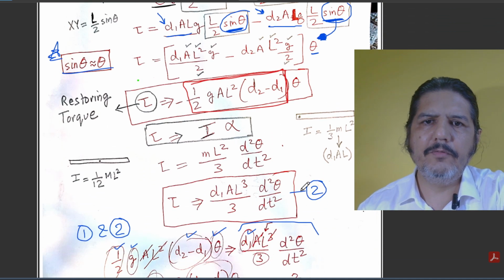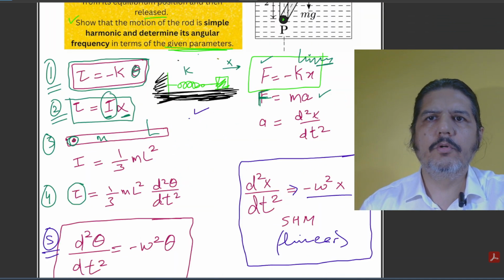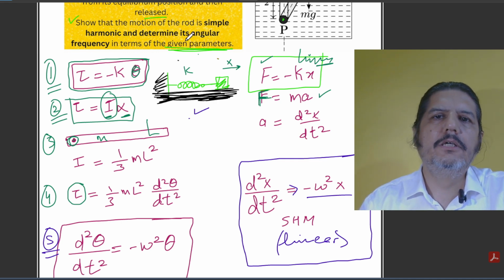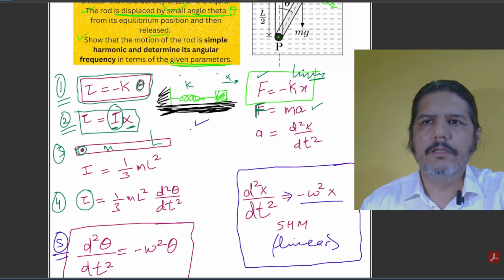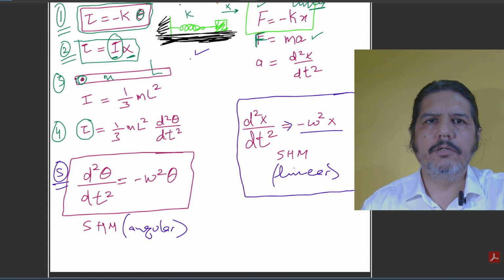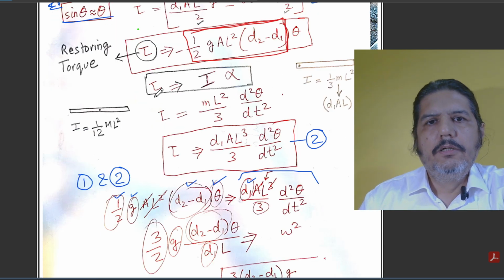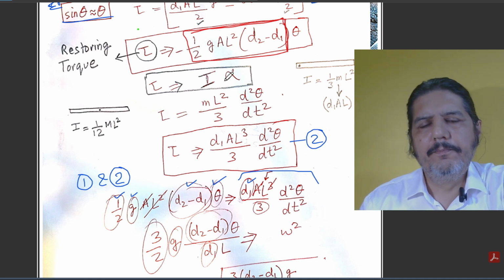Now in the second part, if you look at the problem again, show that the motion of the rod is SHM and determine its angular frequency in terms of the given parameters. Now I have to find the angular frequency, and again I will be using the formulas that I have discussed before. So now I know that torque can be written in the form of I alpha.